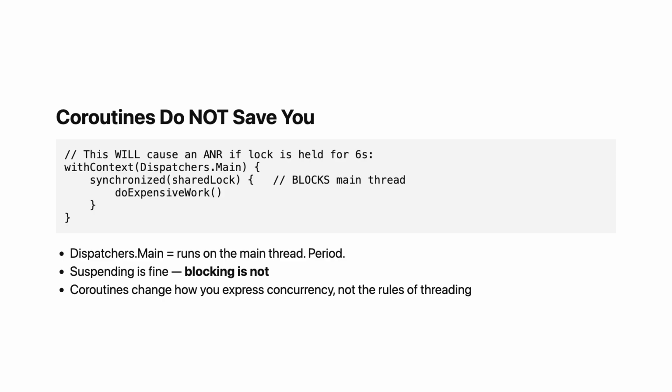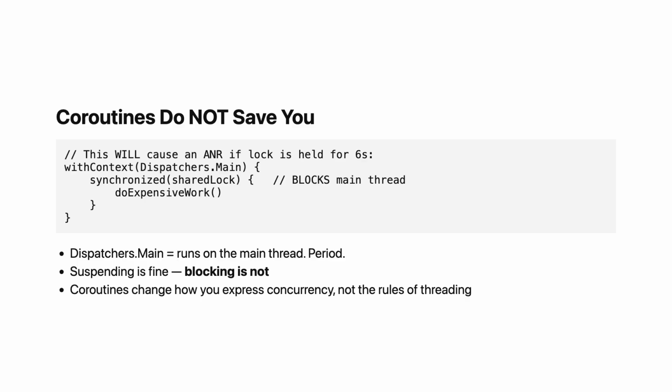The coroutine is suspended in the sense of the coroutine framework, but the underlying thread, the main thread, is blocked. Dispatchers.Main means run this on the main thread. If the code you run on the main thread blocks, the main thread is blocked. Period. Similarly, if you launch a coroutine on Dispatchers.IO but then use a mutex that the main thread is also trying to acquire, you can create a deadlock that causes an ANR.